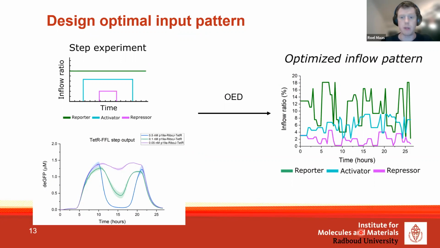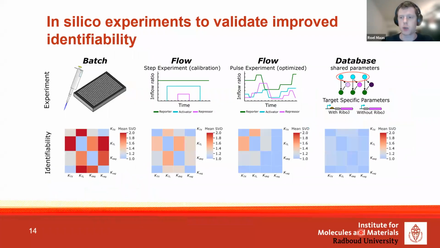So we were very much wondering what this would bring us at the end. But before I show you what the experimental outcome was, we first wanted to make sure that this approach would actually work, so that the identifiability of the system would improve. With that, we mean that the collinearity between the parameters, so that the parameters can compensate for each other, and how much they can compensate for each other, goes down.